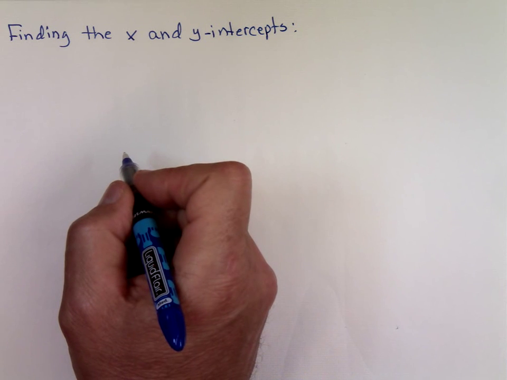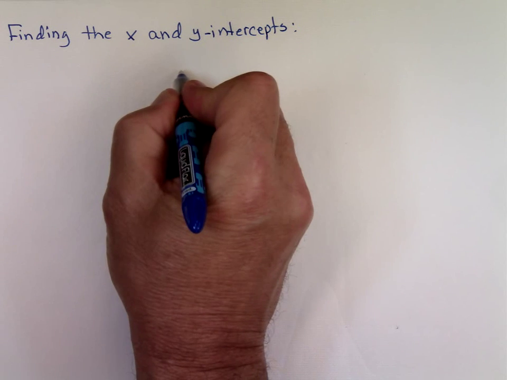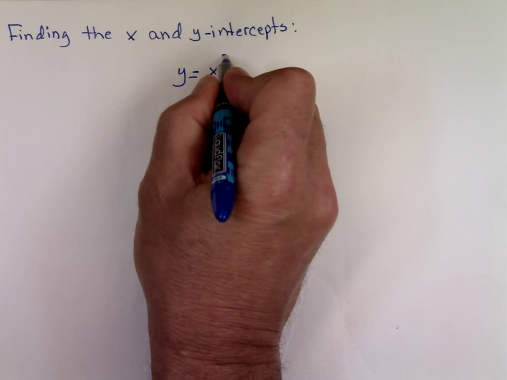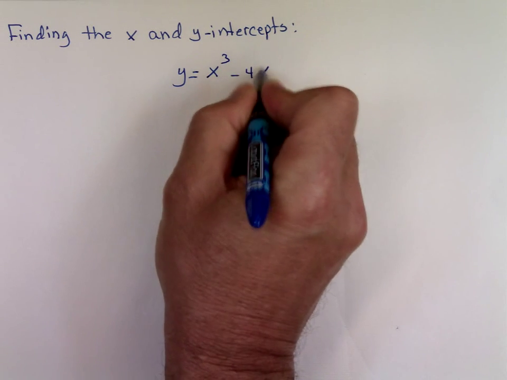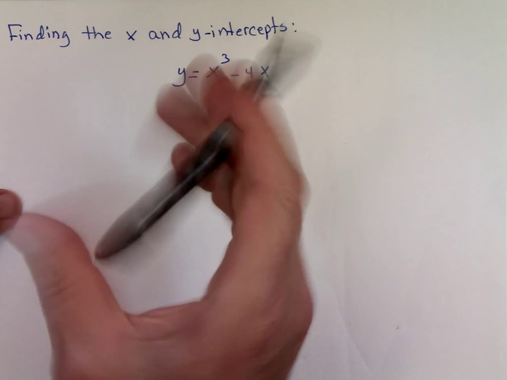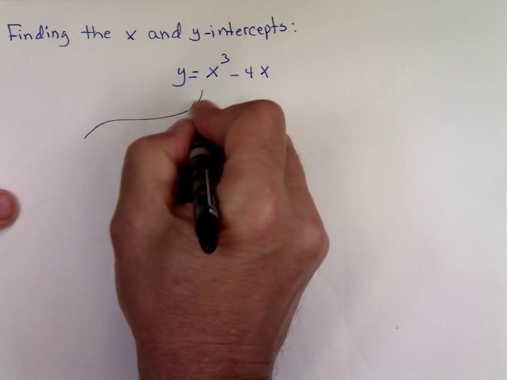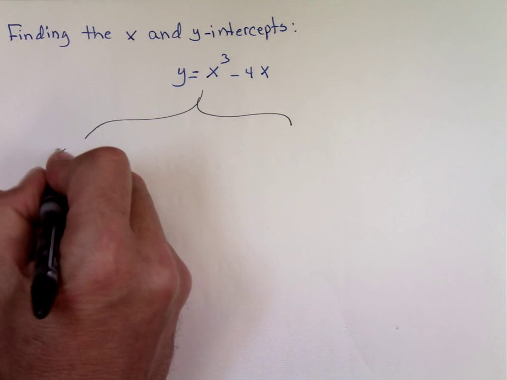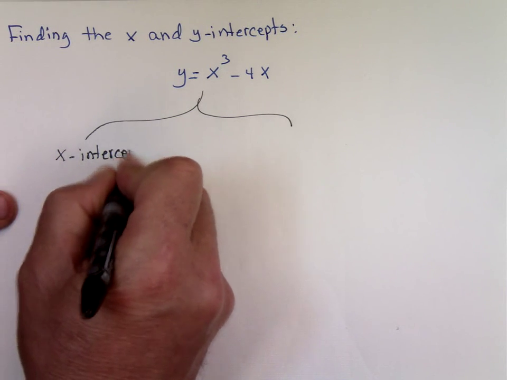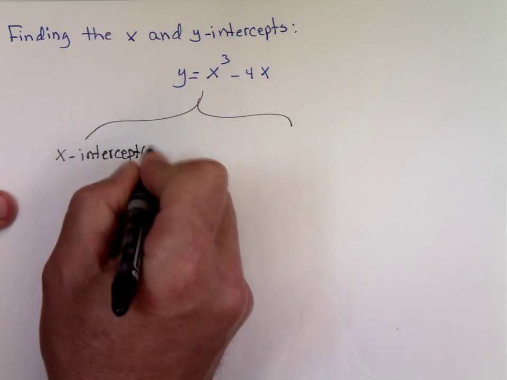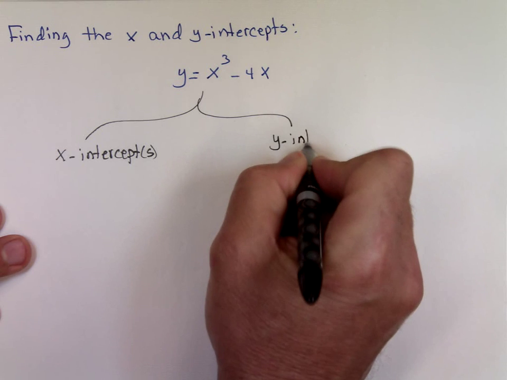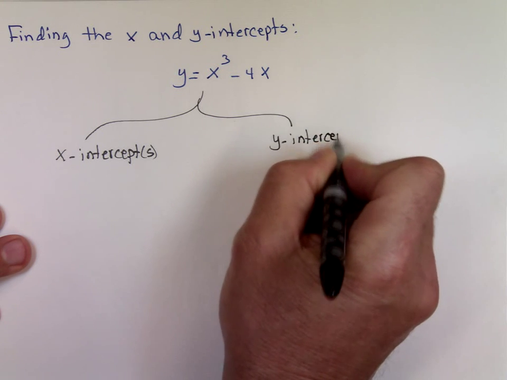let's see if I can get that. This problem, y equals the same one we just did. To find the x-intercept, if you want to know where the function intersects the x-axis, and the y-intercept, here we have actually more than one, just in case we have more than one.